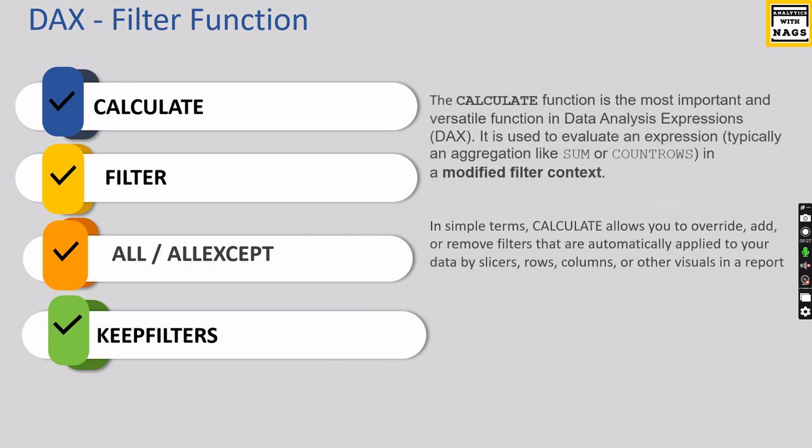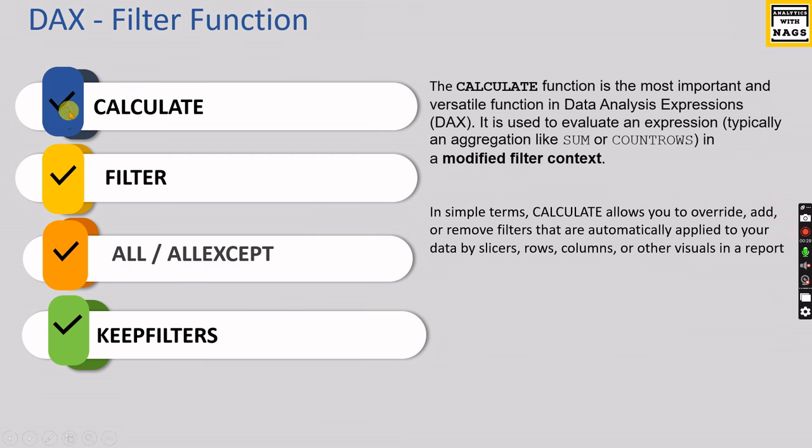One important aspect we need to know in the filter functions is CALCULATE. The CALCULATE function is the most important, versatile function in DAX. It is used to evaluate an expression, that is an aggregation, sum or count rows, in a modified filter context. Basically, a modified filter context is when you have a cell in a table, and that particular cell is being calculated by different filter contexts.